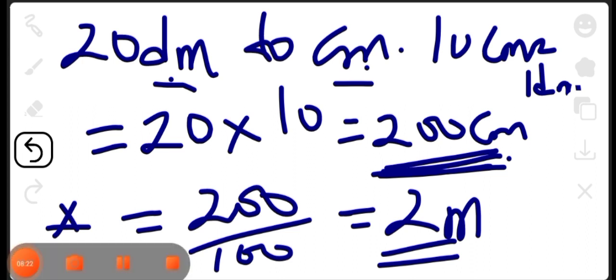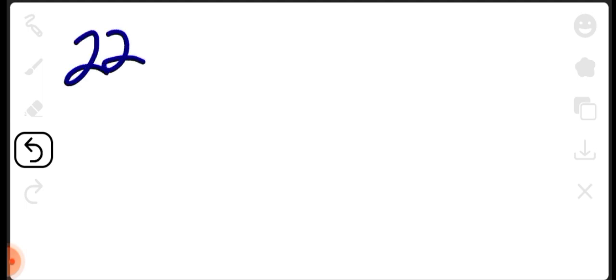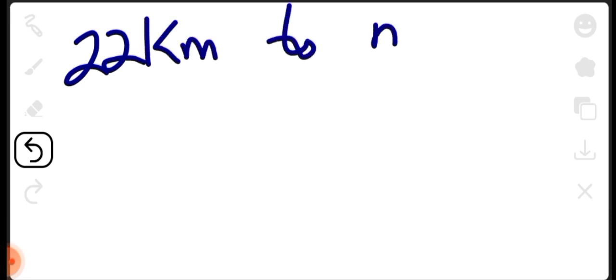What about if we want to convert to kilometers? For example, let's say we have to convert 22 kilometers to meters. How are we going to do this? What is the relationship between kilometers and meters? 1000 meters equals 1 kilometer.